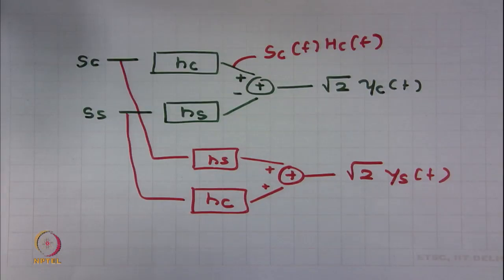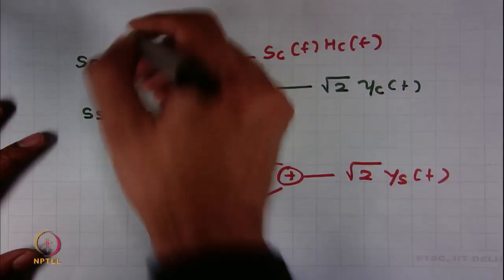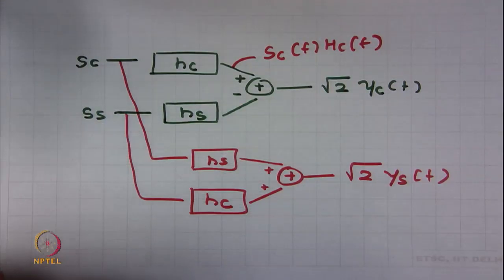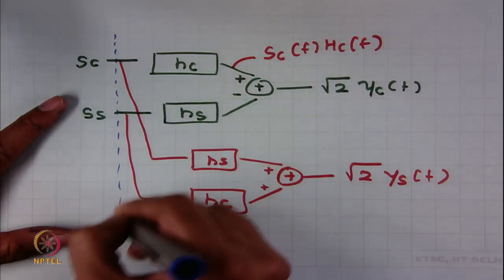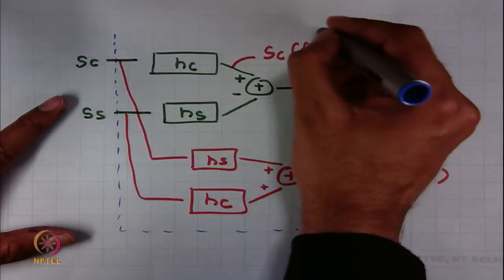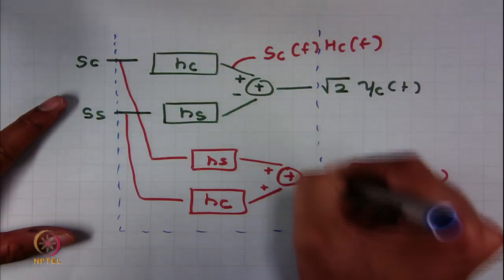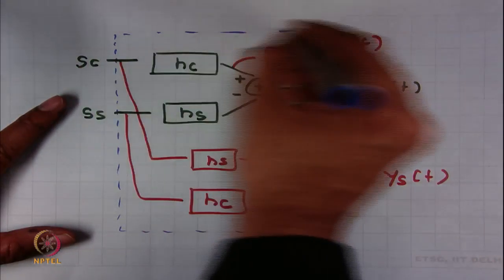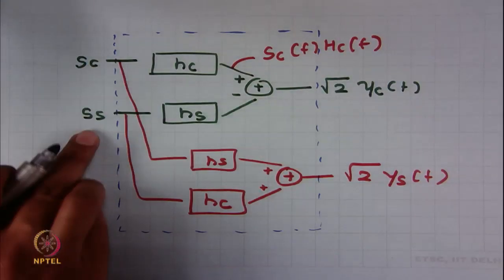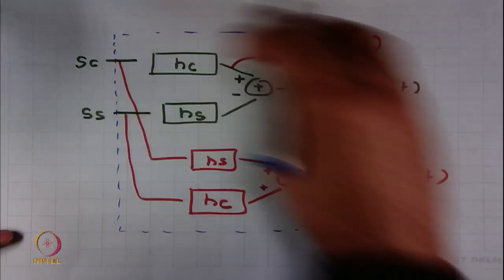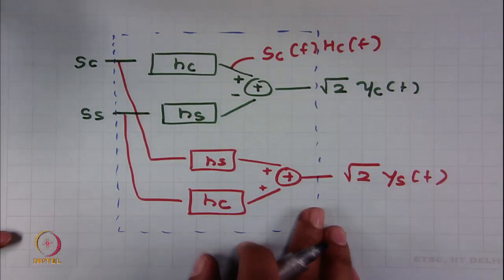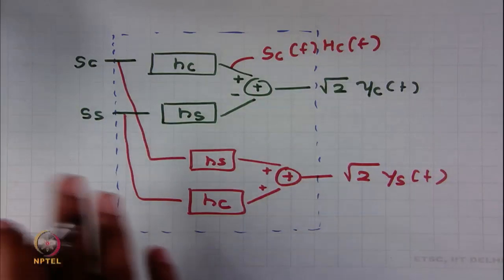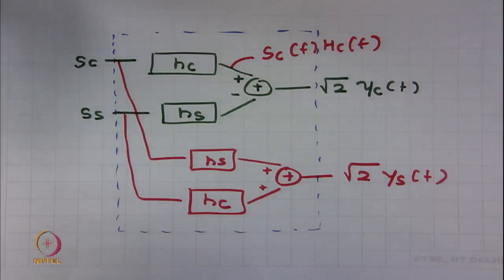Okay. So, basically what I do is I start with the baseband signal, and I pass the cosine and sine parts of this baseband signal through this filter. This filter is completely in the baseband domain. All these impulse responses correspond to baseband signals.